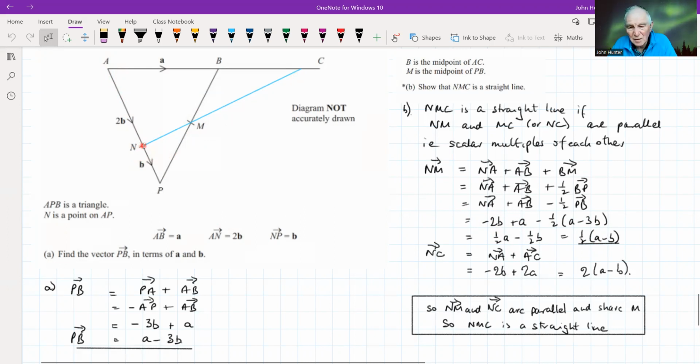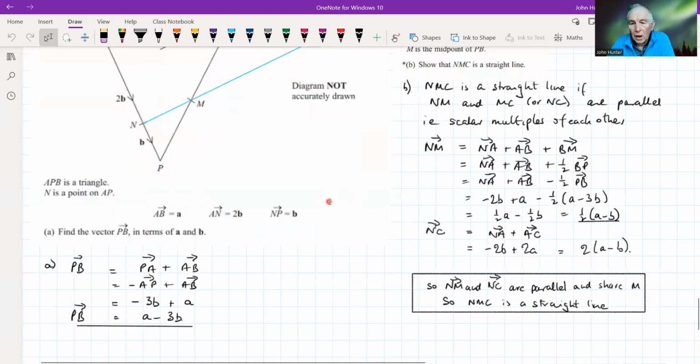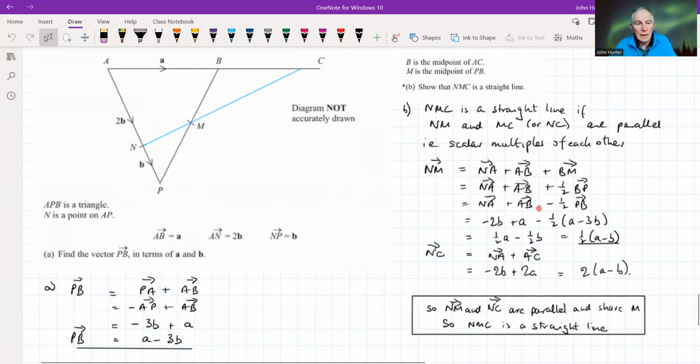It's NA plus AC, which is minus 2B plus A plus another A, minus 2B, plus 2A is 2 into A minus B. So these two, NM and NC, are scalar multiples of each other. So they're parallel, and of course they have a point in common, which is M, and therefore that must be a straight line. Okay, so there's another example.